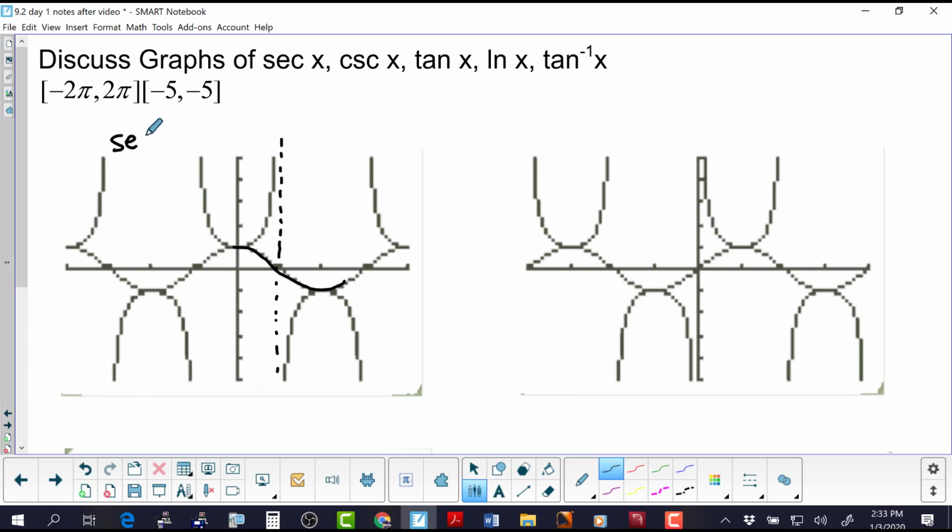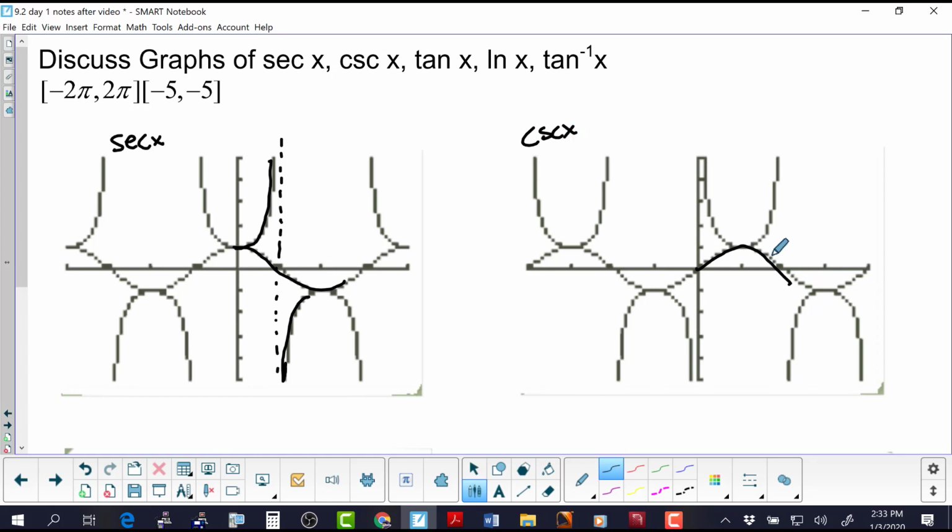So this is secant of x, and we notice that the limit as x approaches pi over 2 is positive infinity from the left, and negative infinity when we approach from the right. This wave right here is sine, so this must be cosecant.